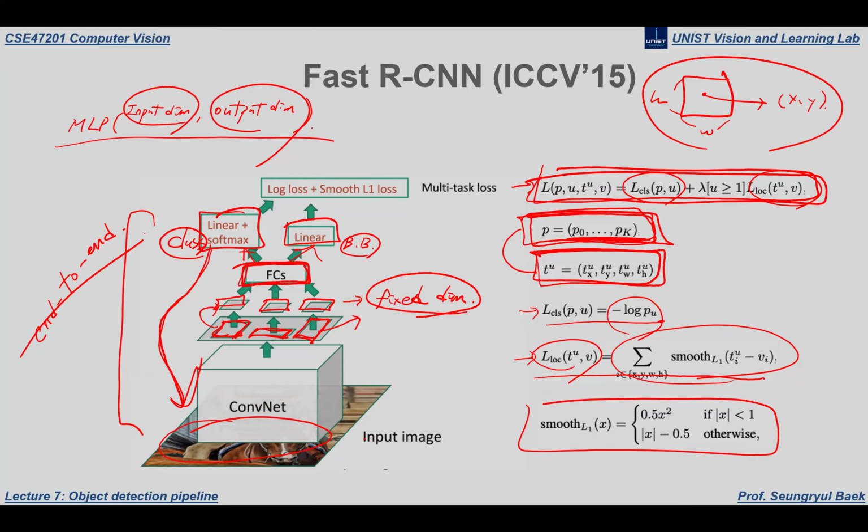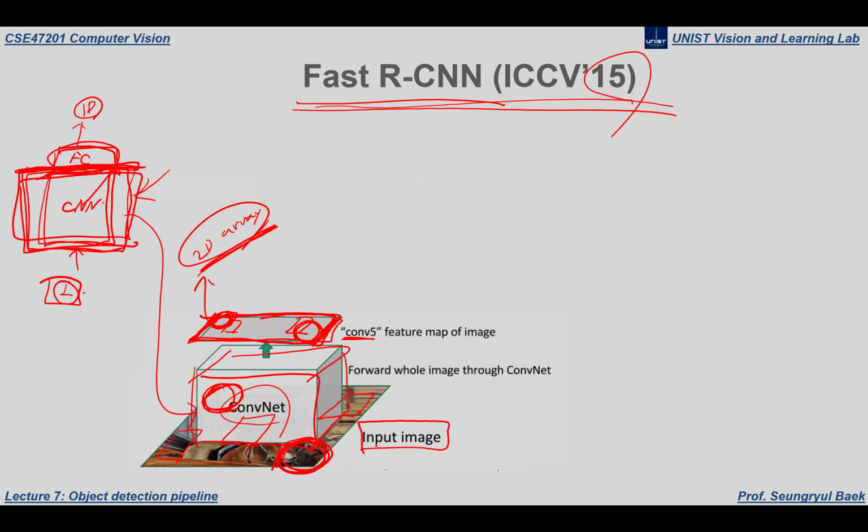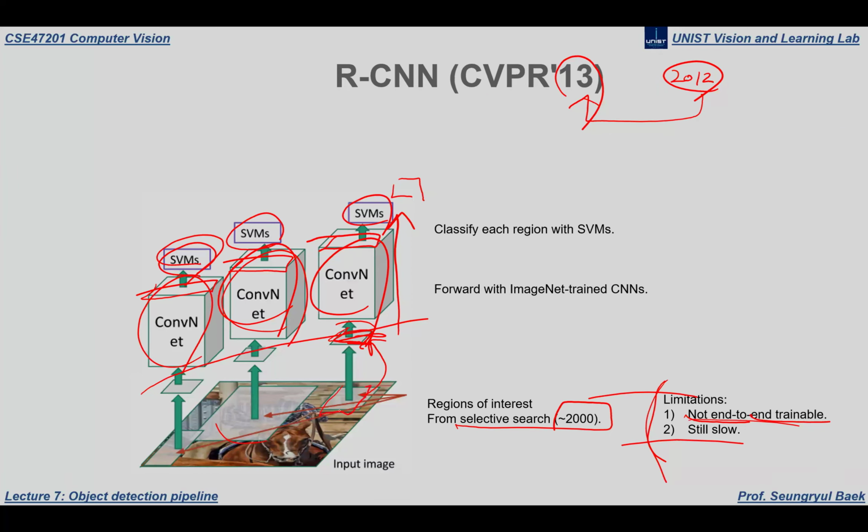One merit of that is, as I told you, even humans sometimes find it hard to say if this region is some object or not, seeing only this patch. Sometimes humans cannot easily say what the object is for this patch.